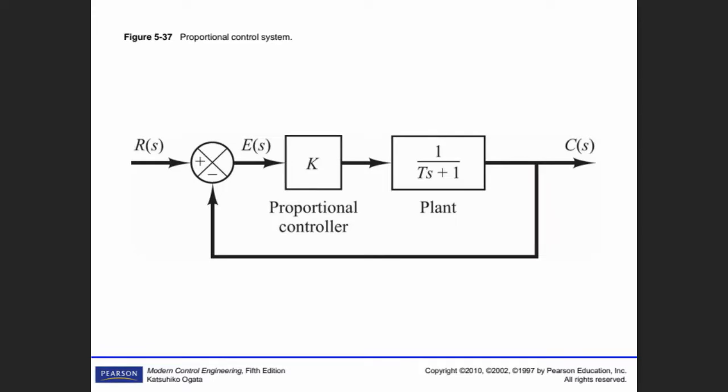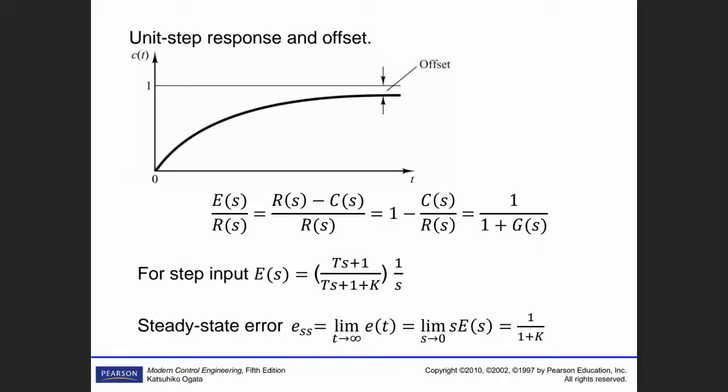I have already derived those equations. So the transfer function of this one is known, and we have already derived that error over Rs is equal to, of course, error means Rs minus Cs. Cs is output over Rs. That means 1 minus Cs over Rs. That is simple.